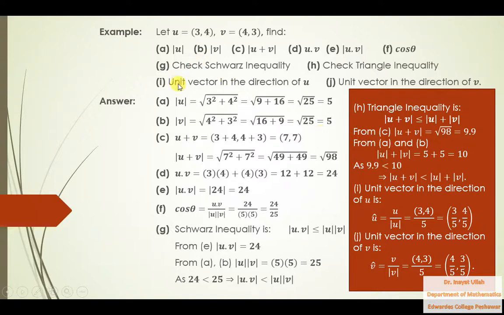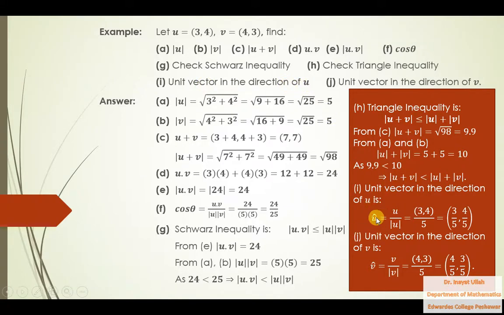Part i asks us to find a unit vector in the direction of u. We have studied in the previous slide in this lecture how to find a unit vector in the direction of a vector.